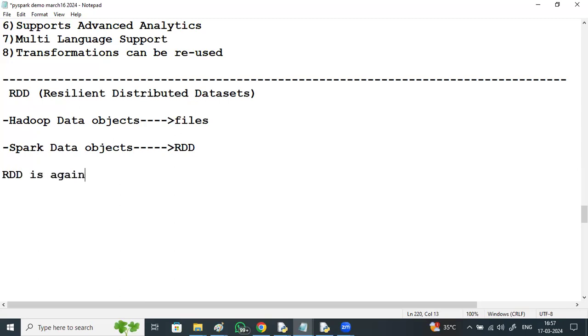An RDD is again subdivided. Observe clearly. An RDD is subdivided into partitions. A bigger Spark data object, that is an RDD, is subdivided into partitions.